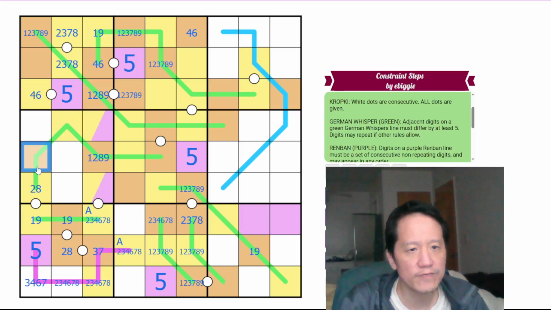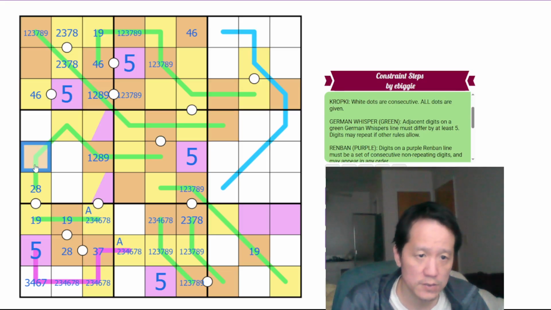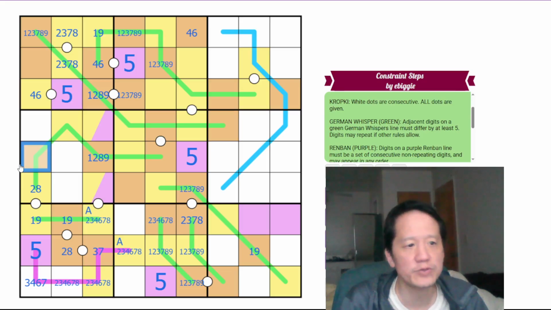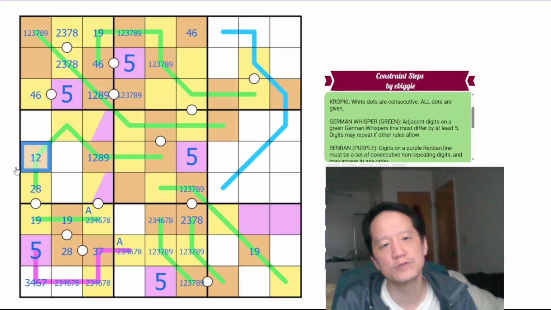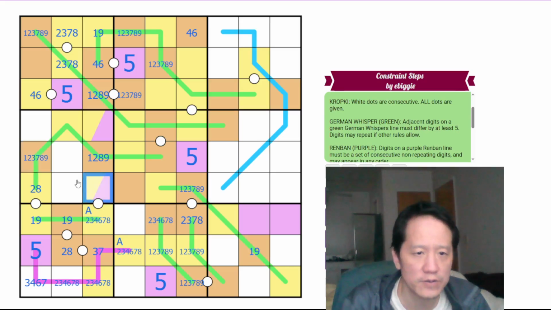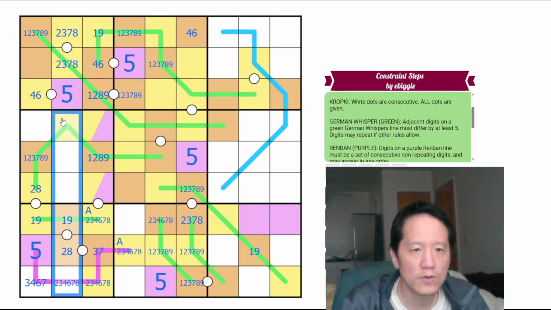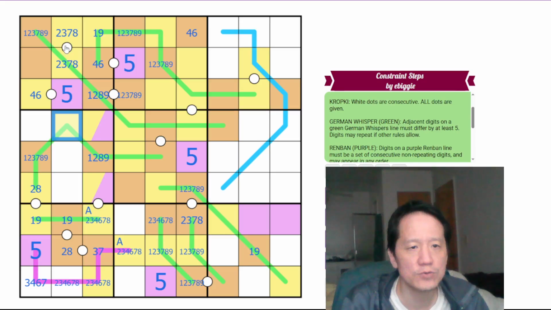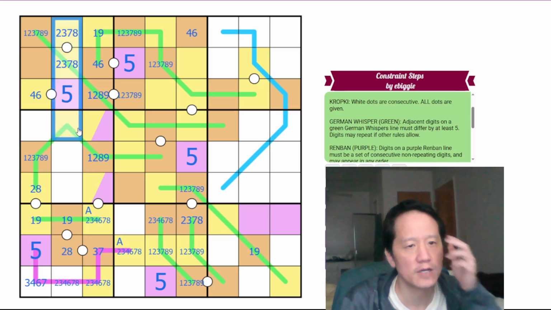This cannot be 4, 6 orange. It could be 1, 2, 3, 7, 8, 9, though. This cannot be 2, 8, or 3, 7 yellow.